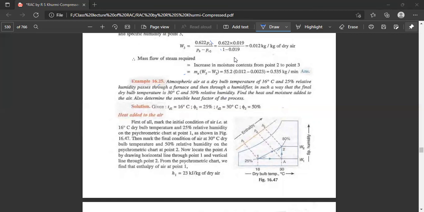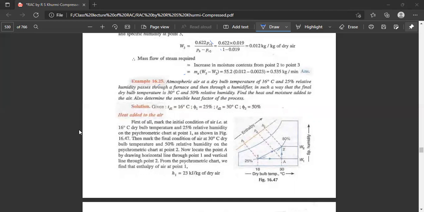Now given: T1 is 16 degrees centigrade, phi 1 is 25%, T2 is 30 degrees centigrade, phi 2 is 50%.